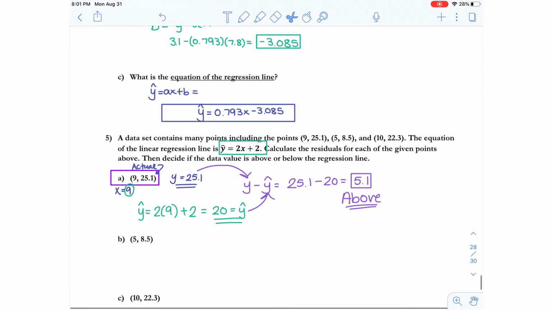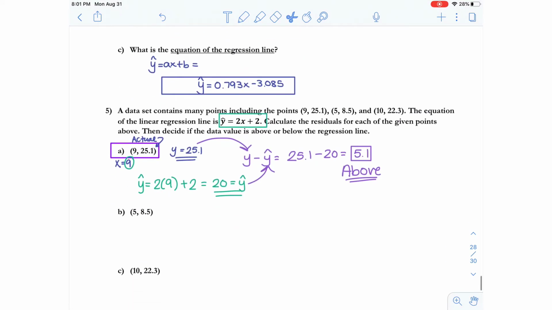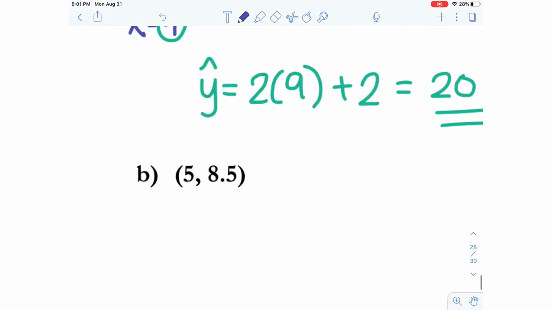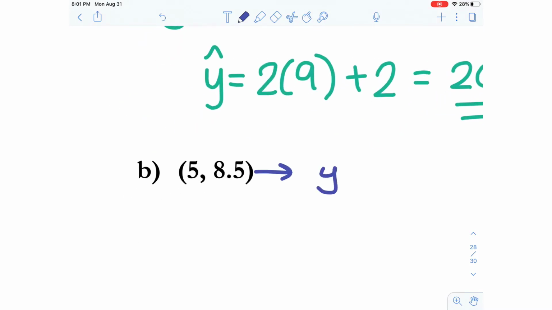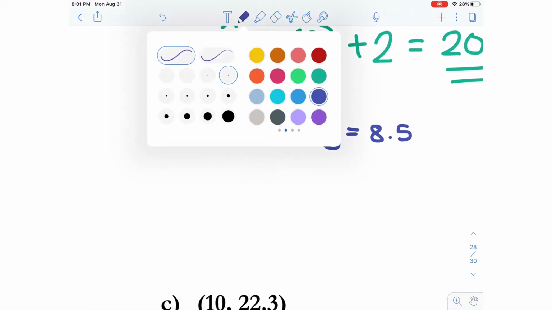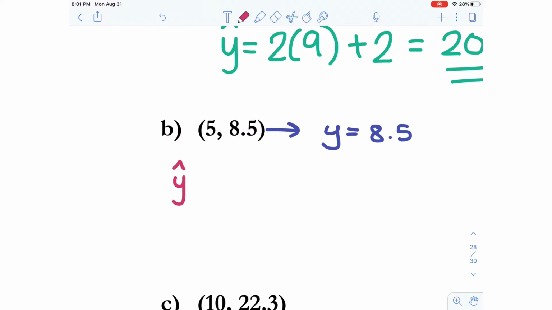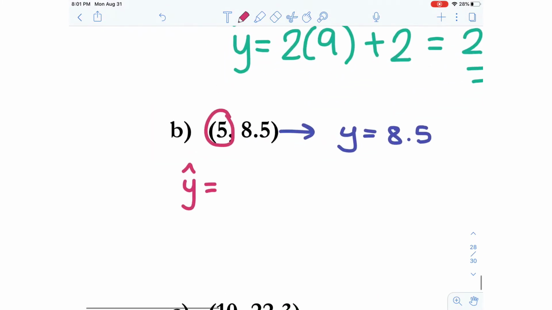All right, we already did 5A, so let's skip to 5B. They give me the y hat and they ask me to calculate some residuals. The real y value for this one is 8.5. What I have to do first is find the y hat value at x equals 5. So all I'm going to do is plug in 5 to 2x plus 2. That's going to give me 12.